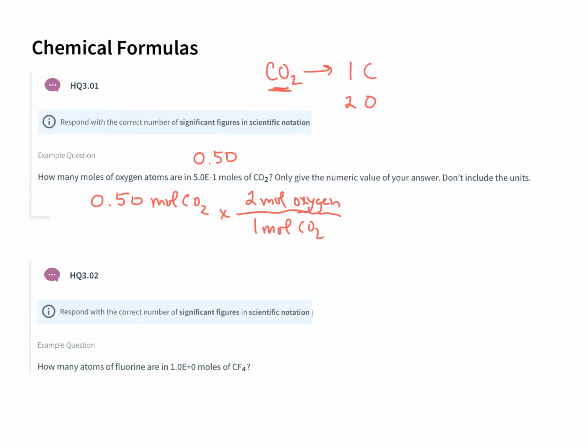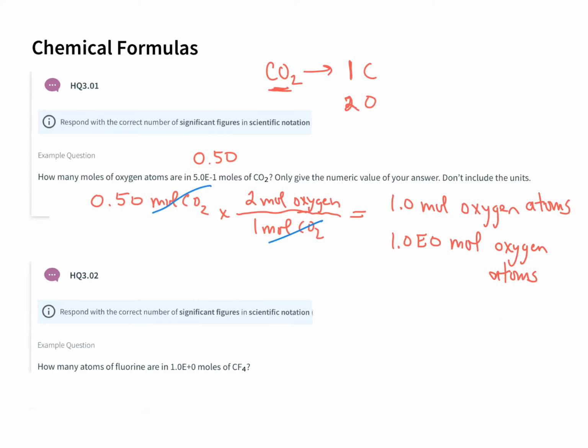For every 1 mole of carbon dioxide, I would get 1 mole of carbon, 2 moles of oxygen. So moles of carbon dioxide cancel out. 0.5 times 2 would give us 1 mole of oxygen atoms. And in scientific notation, 1.0 e to the 0 mole of oxygen atoms.